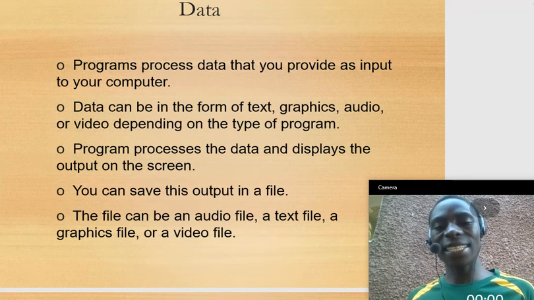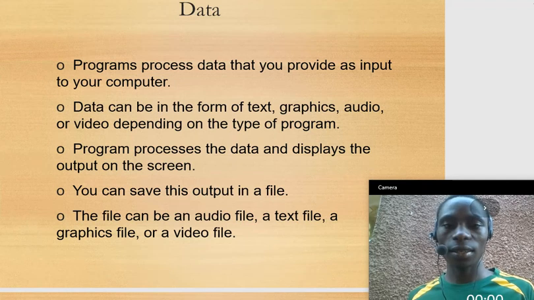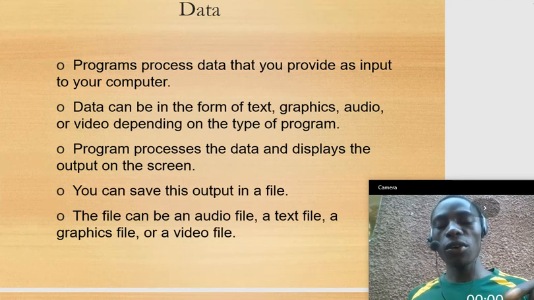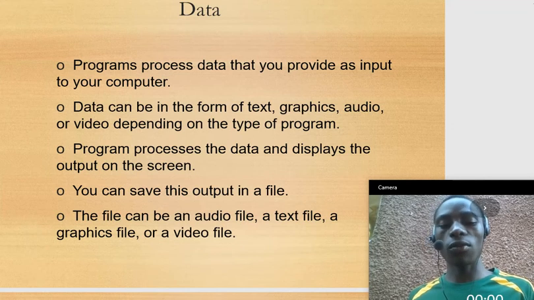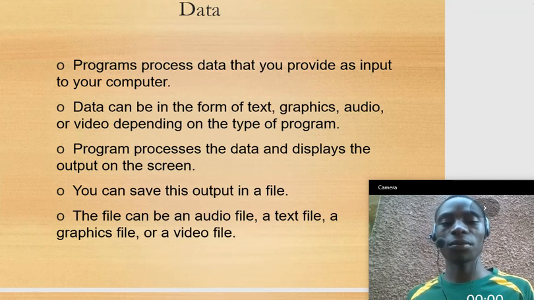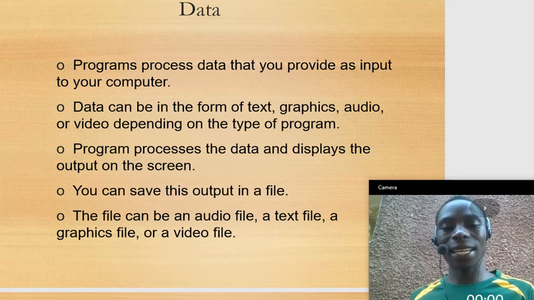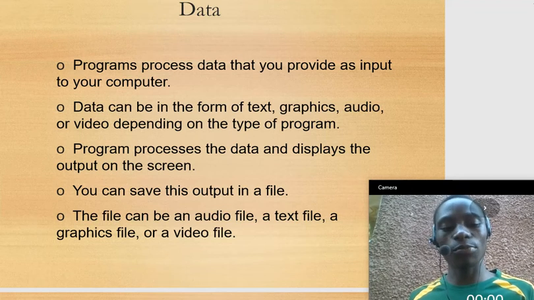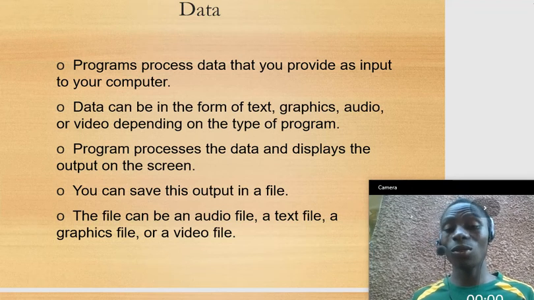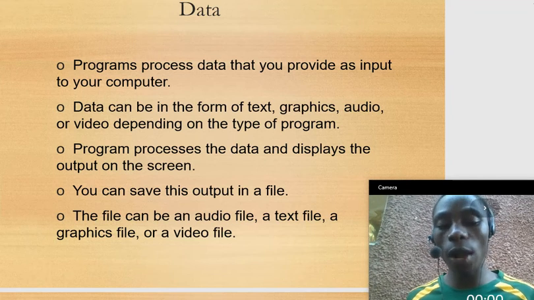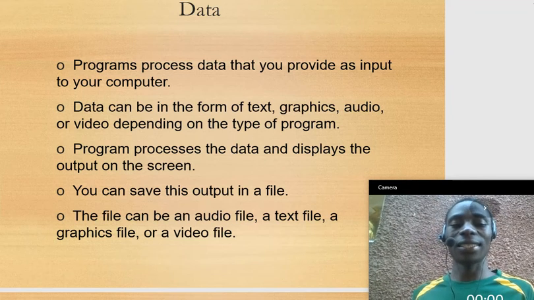So data as a term used in computing, we are saying those programs that we install on our computer, on the platform, process the data and then display it on our screens, on the hardware component that we looked at as the monitor.